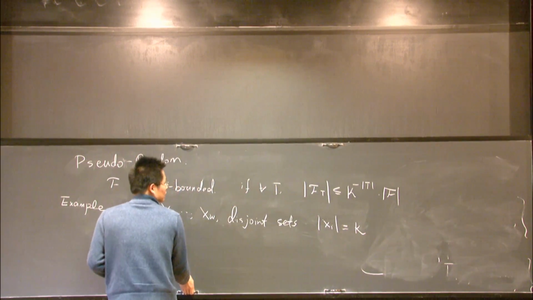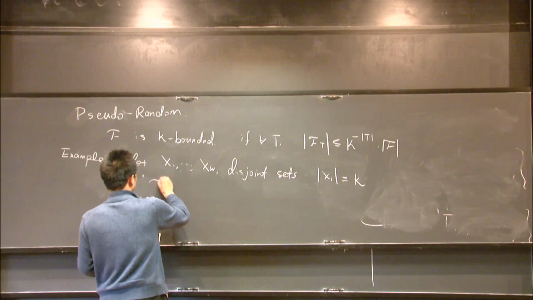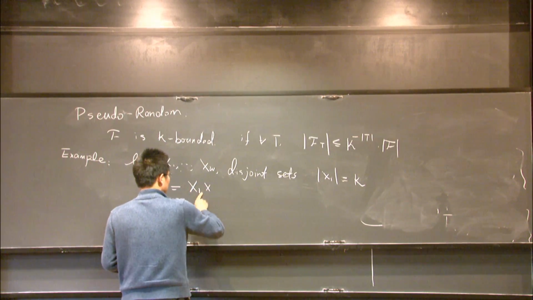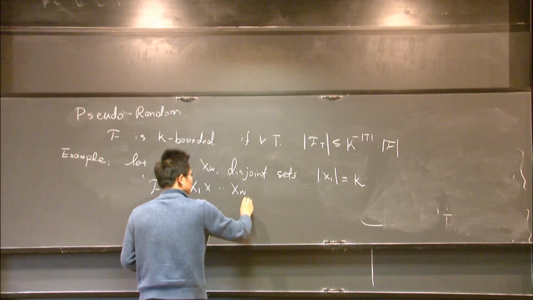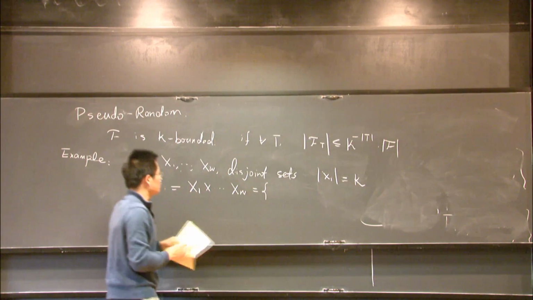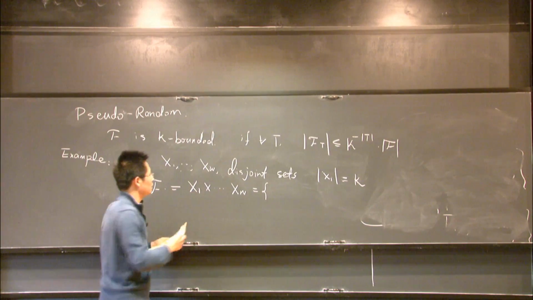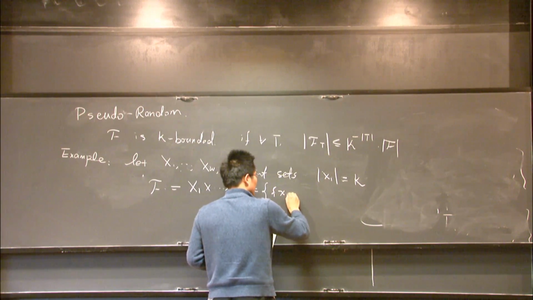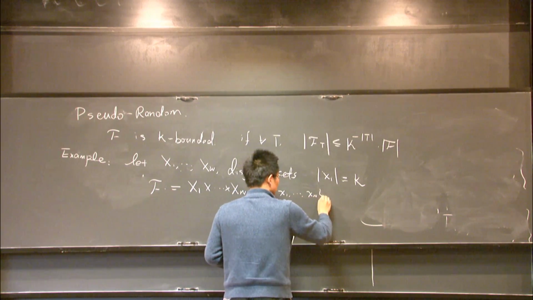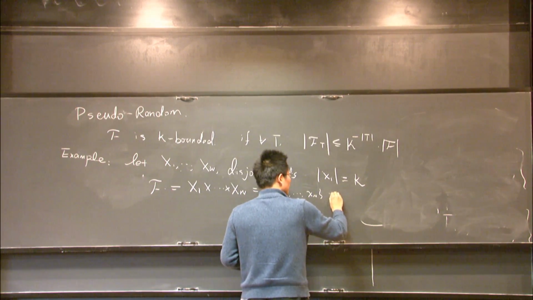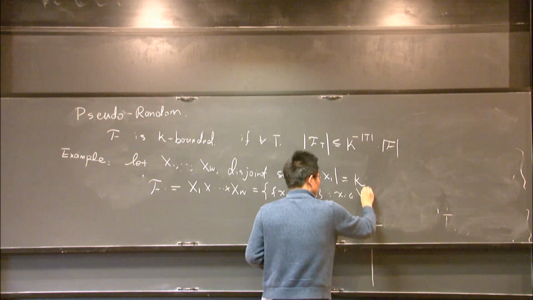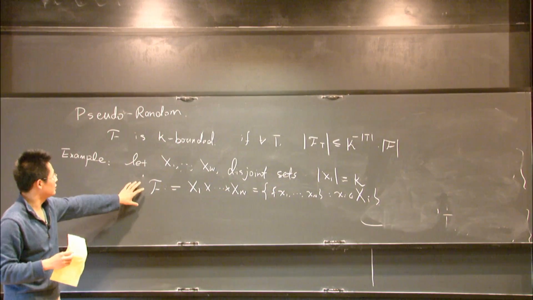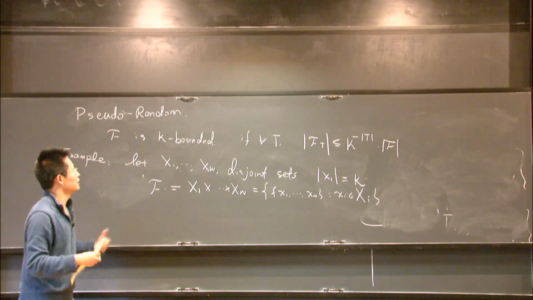Then we define the set system F as X1 times up to Xw, a combination where we take one element from each set.